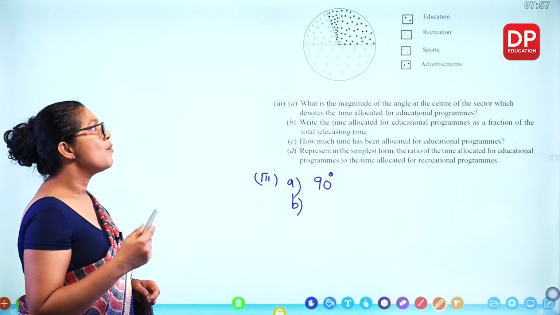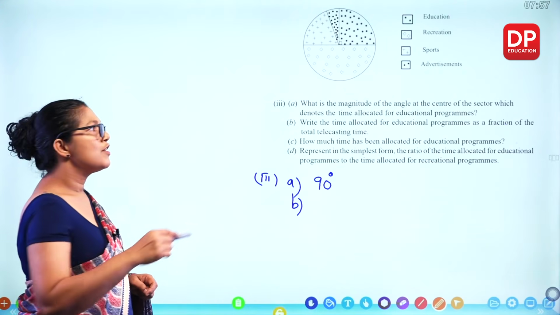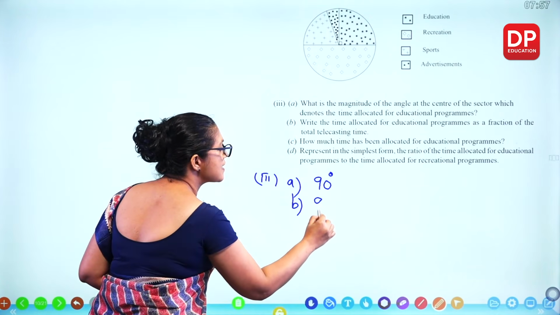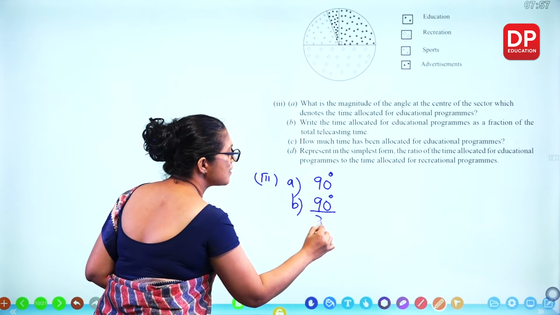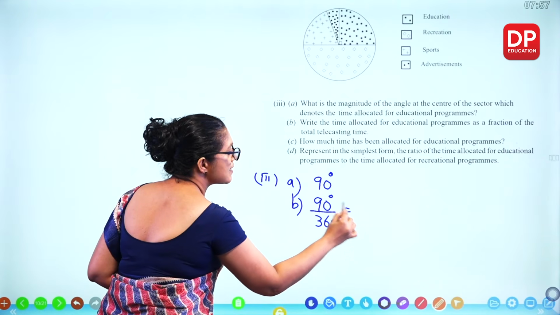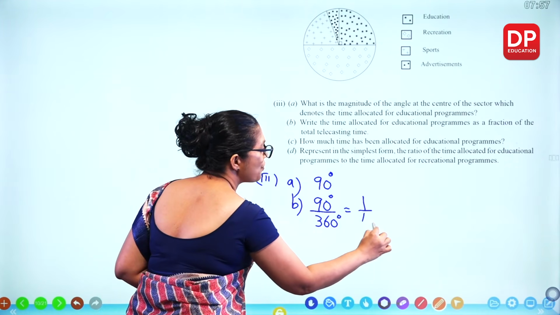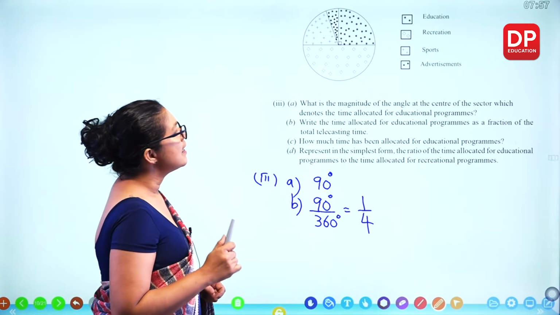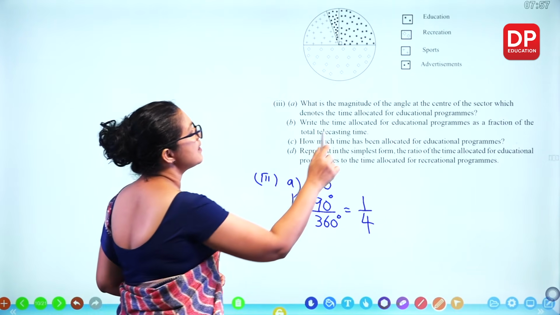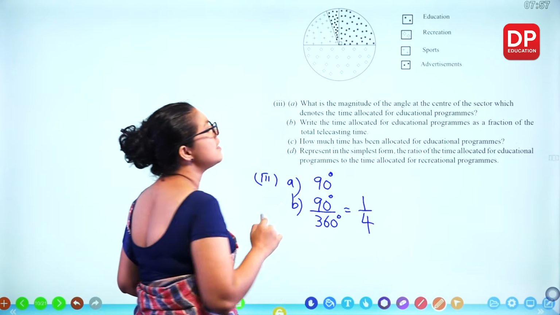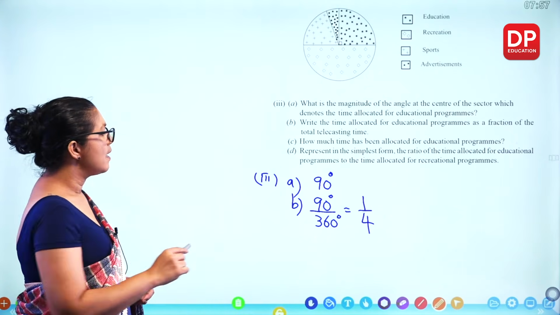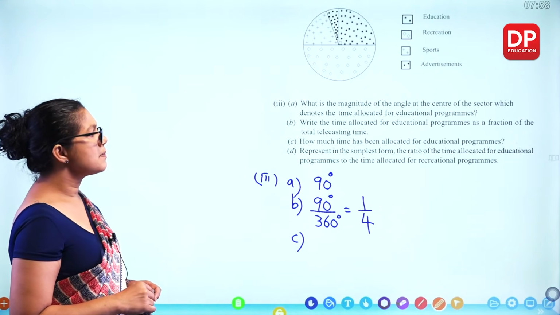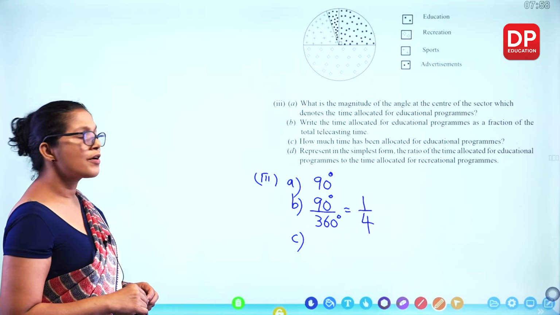So here we know when you take the full circle, 90 over 360. What's the fraction? That's 1/4 of a circle representing the time for educational programs. How can we answer part C? How much time has been allocated for educational programs?